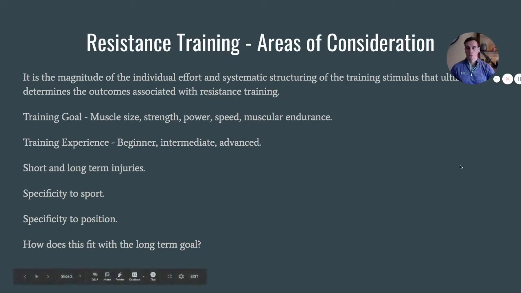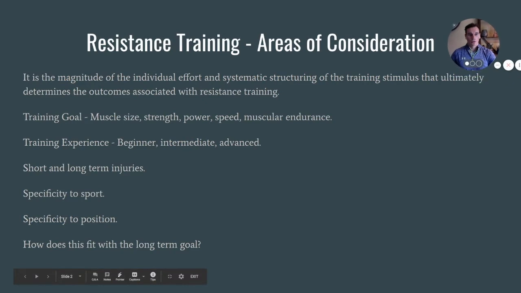All right, so let's move that up a little bit so you can see the screen better. It's the magnitude of the individual effort and structure of the training stimulus that ultimately determines the outcomes associated with resistance training. What that means is making sure that the person you're working with is putting in the right amount of effort for the session.